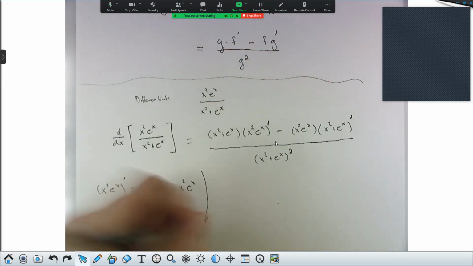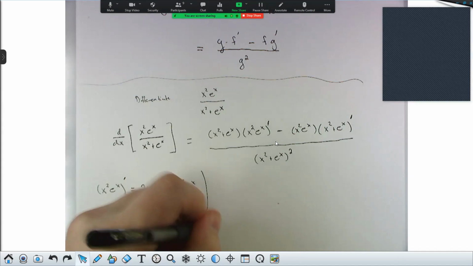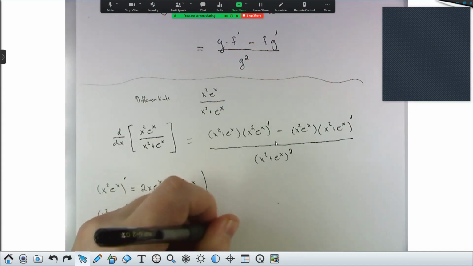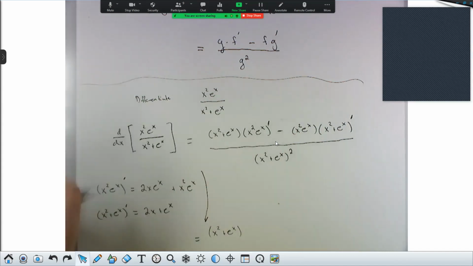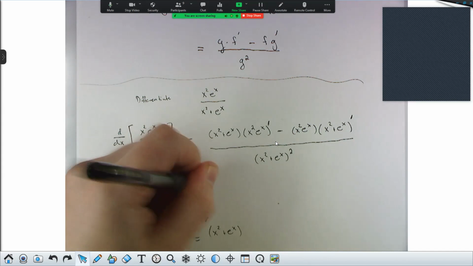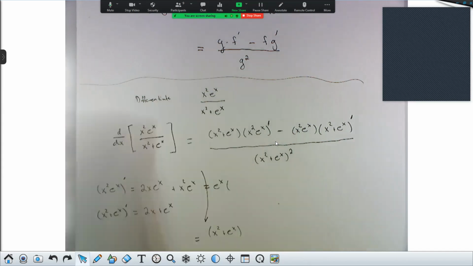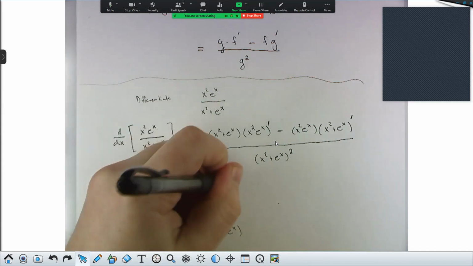And then I can take these pieces and plug them in. And you'll see x squared plus e to the x times, now what she did is factored out this e to the x, right? Here, this piece is e to the x times 2x plus x squared.